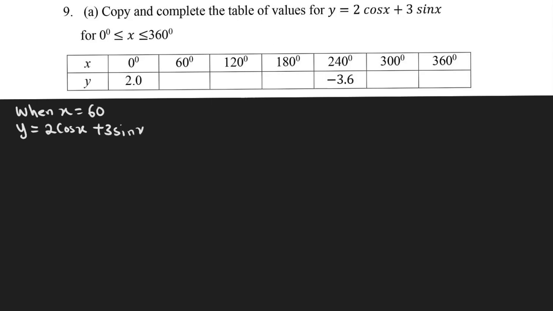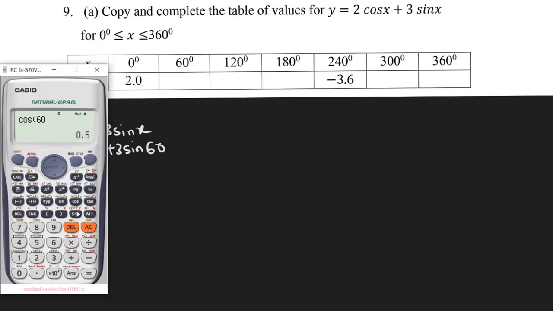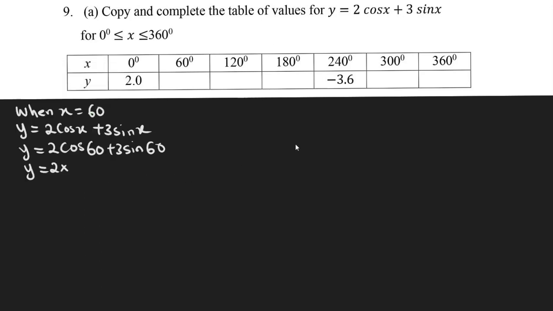Wherever we see x, we're going to put our 60 degrees. Remember that that's the value of x. So y equals 2 cos 60 plus 3 sine 60. And this will give us y equals 2 times, what is cos 60? It's equal to 0.5.